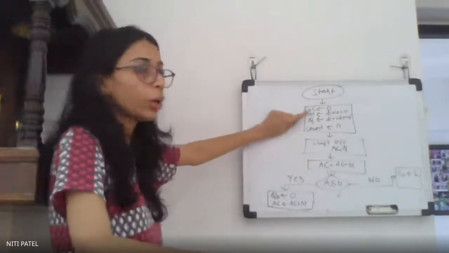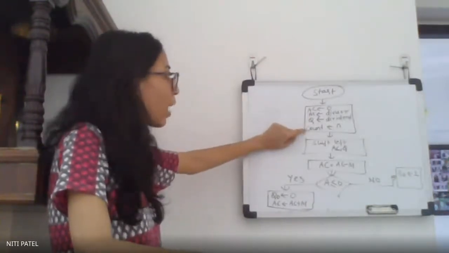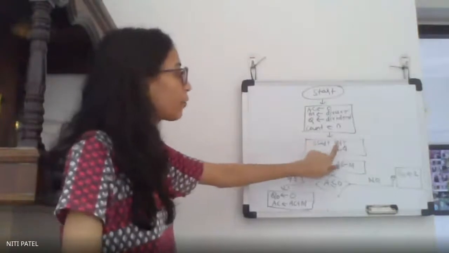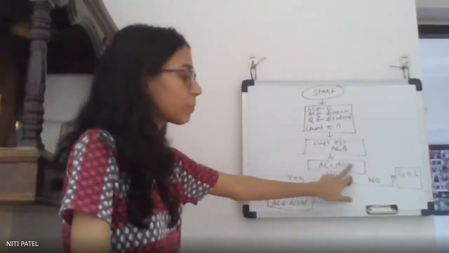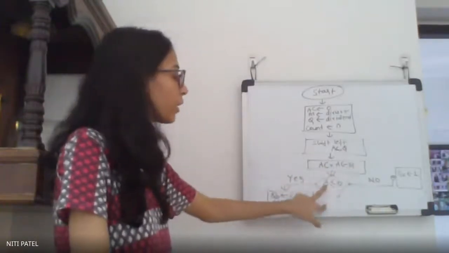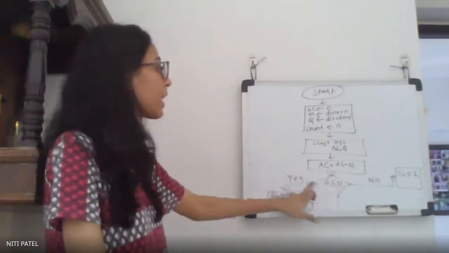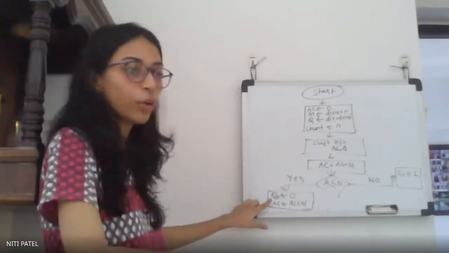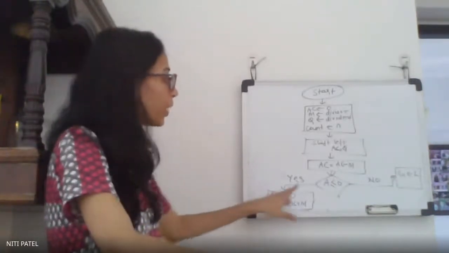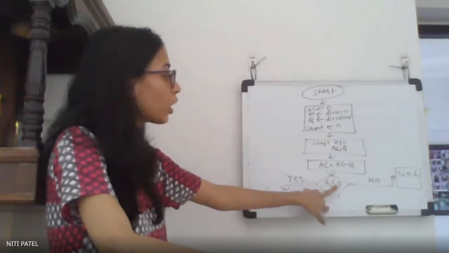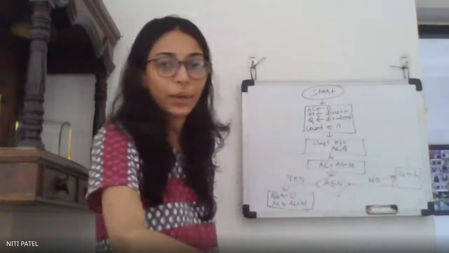AC = 0, M is the divisor, Q is the dividend, count is N. Shift left the contents of AC and Q, then perform AC = AC - M, then check whether AC is less than or equal to 0 or not. If it is less than or equal to 0, put the value of Q0 as 0 and then perform AC = AC + M. If AC is not less than or equal to 0, put the value of Q0 as 1.